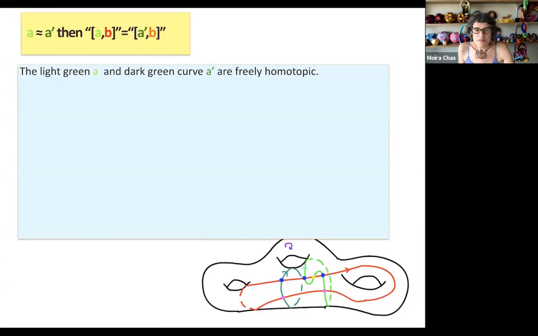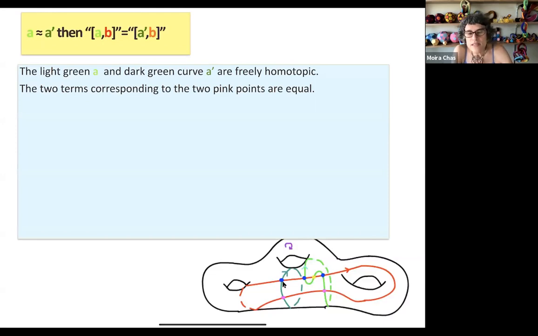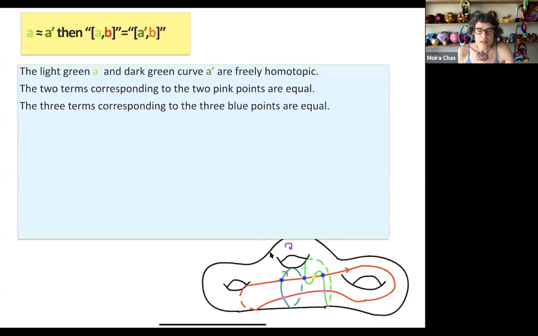So we have two curves here, the light green and the dark green. I marked the intersection points. The terms corresponding to these two points are equal. When I compute them, they are the same free homotopic class with the same sign. I'm intersecting with these two curves and comparing. Now, there are three terms here, 1, 2, and 3, that, if I compute them again, all have the same sign, regardless of the orientation of the surface, and the same free homotopic class.